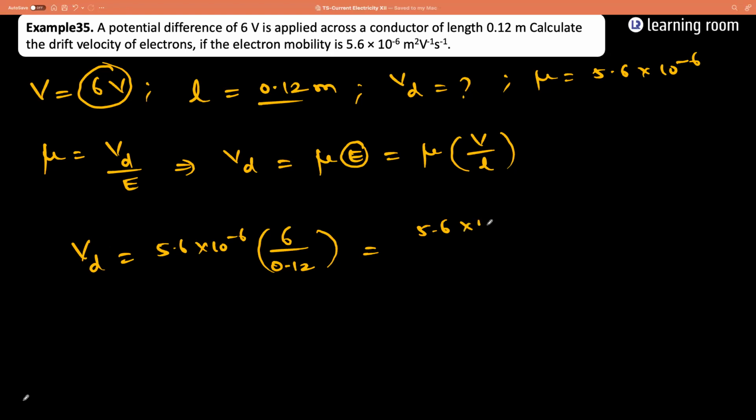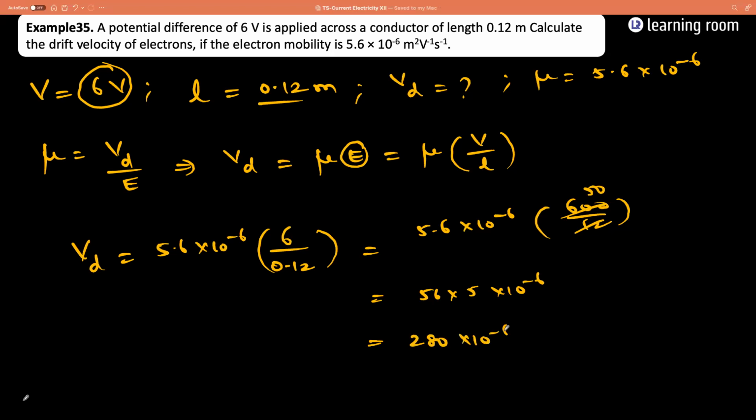So 5.6 into 10 power minus 6 into 600 by 12 gives us 50. So it is 56 into 5 into 10 power minus 6. How much is this? 280 into 10 power minus 6 meter per second.